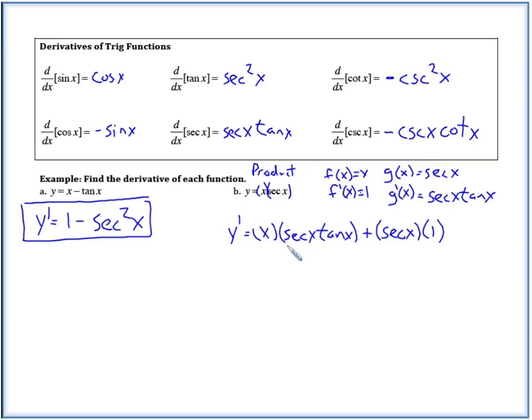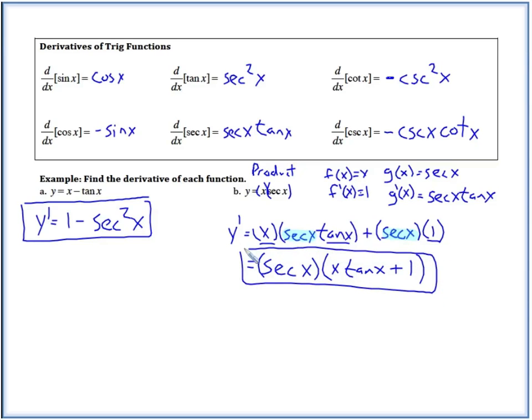So if you look at this, we have a secant x factor in both of these. So we're actually going to factor that out. And then we're left with x tan x, and then plus 1. And here would be your derivative.